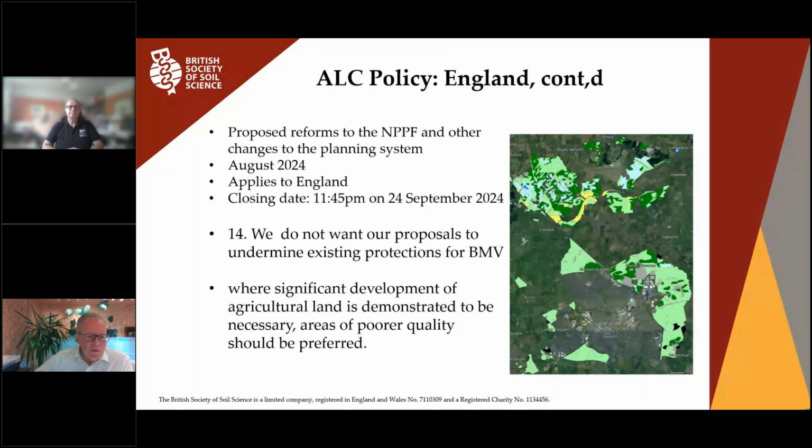Importantly, the revised NPPF doesn't want to remove or undermine existing protections for BMV land. And so that includes where significant development of agricultural land is demonstrated, local planning authorities should seek to use poorer quality land in preference to the BMV. Next slide, please.